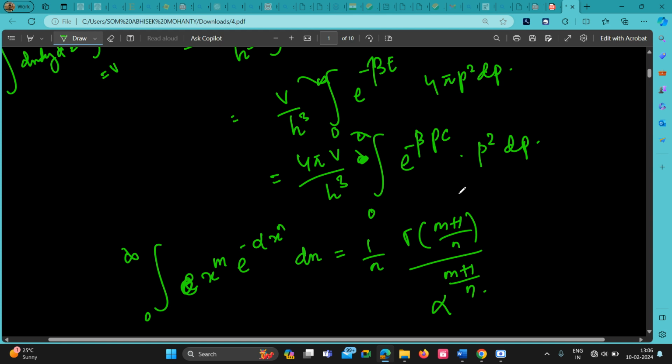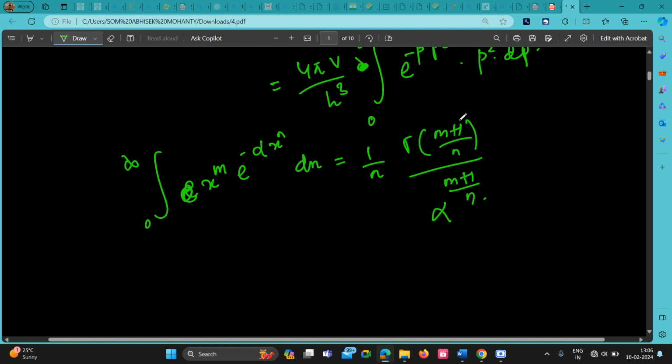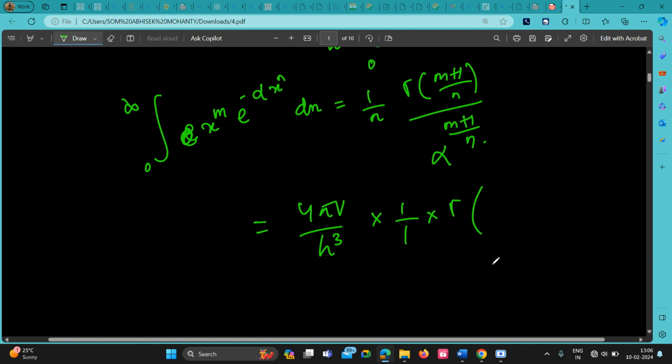So here your m is how much? 2. n is how much? Actually p to the power 1, so 1. So if you put 4 pi V by h cube, 1 by 1 into gamma of (2 plus 1) by 1, whole divided by alpha to the power (2 plus 1) by 1.